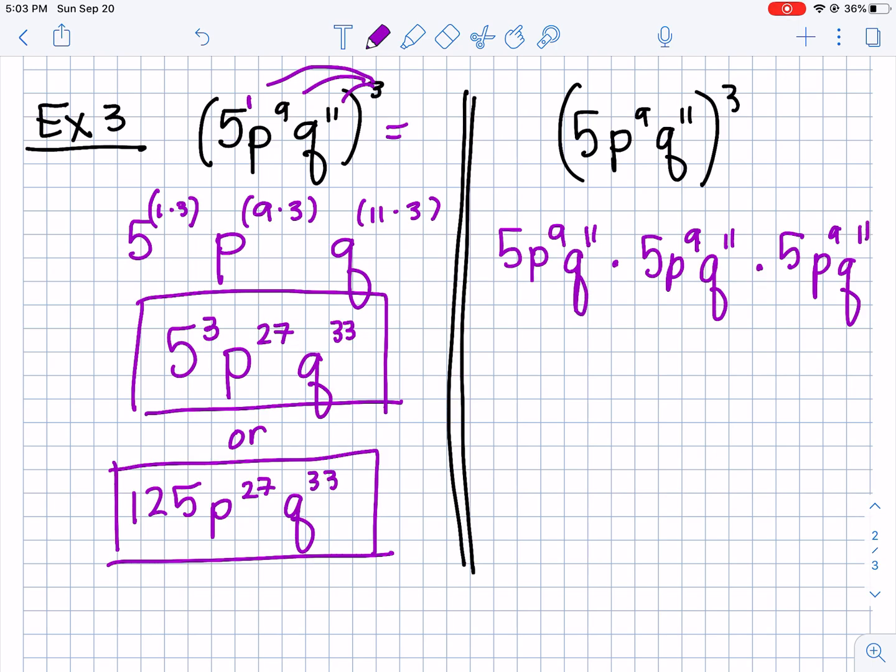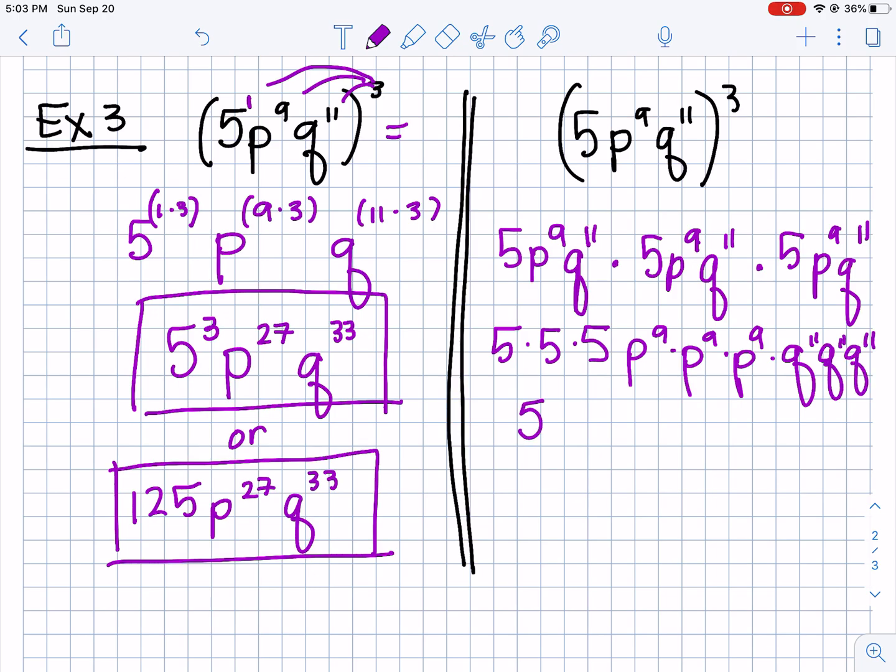And now what you have here are multiplying powers with like bases. So you could think of this as 5 times 5 times 5, and p to the 9 times p to the 9 times p to the 9, and q to the 11, q to the 11, q to the 11, and then add those up.